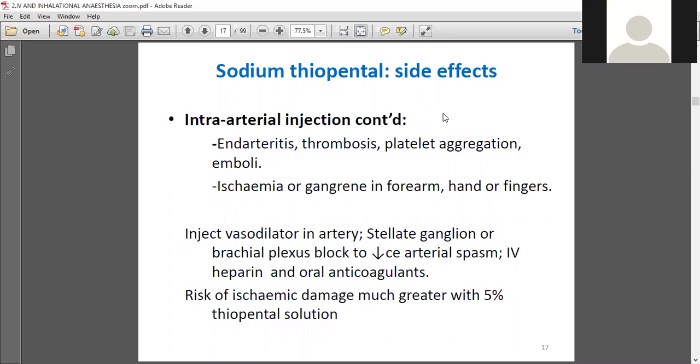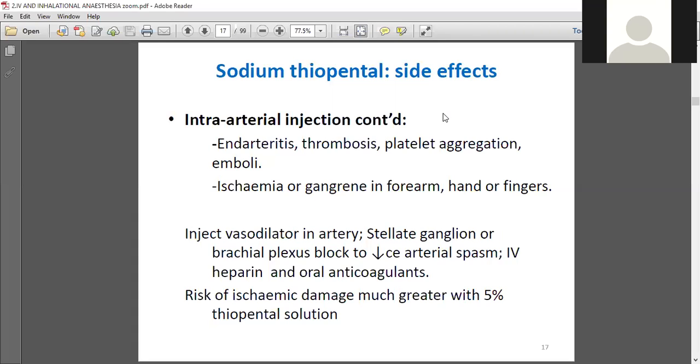You're supposed to give drugs intravenously, right? But if you give it intra-arterially, you can have all those side effects: endarteritis, thrombosis, platelet aggregation, ischemia, gangrene of the forearm, hand and fingers.